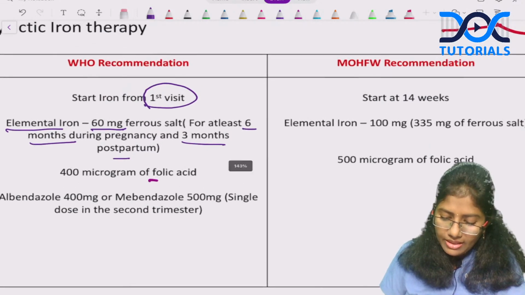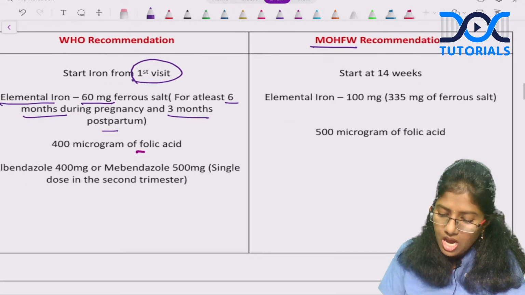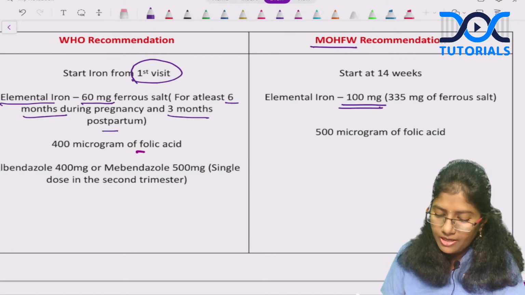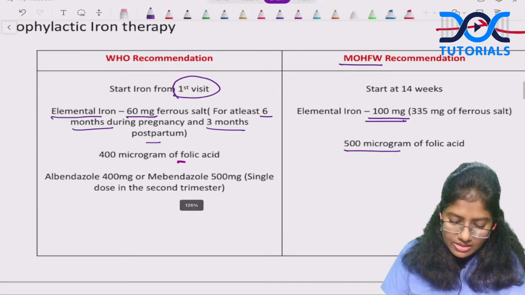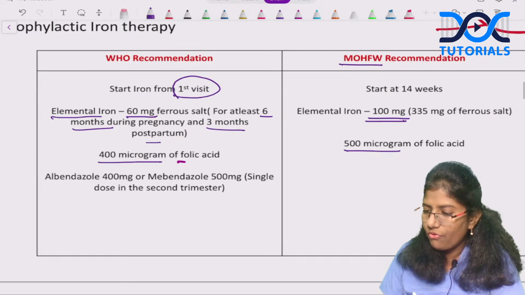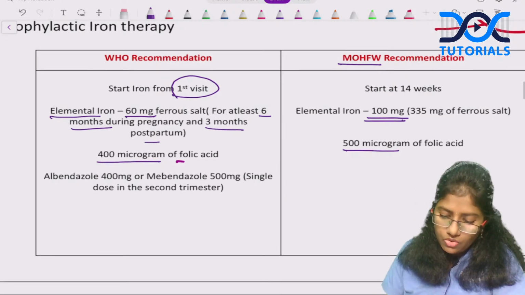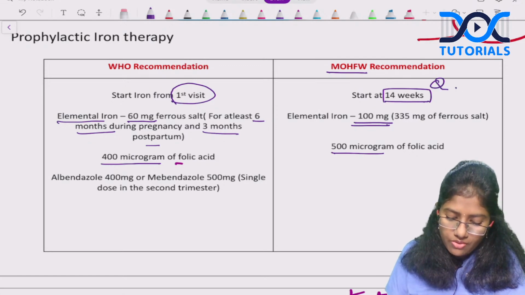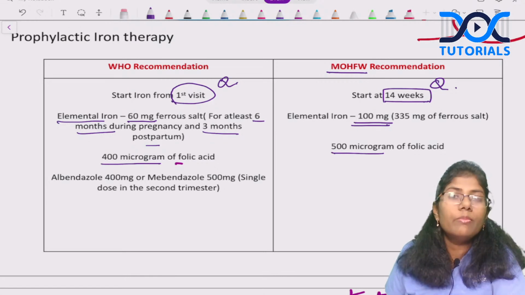But the Government of India, that is the Ministry of Health and Family Welfare, recommends 100 milligram of elemental iron with 500 microgram of folic acid, whereas the WHO recommends 60 milligram of elemental iron with 400 microgram of folic acid. The Ministry recommends starting iron therapy at 14 weeks, whereas the WHO recommends starting from the first booking visit.